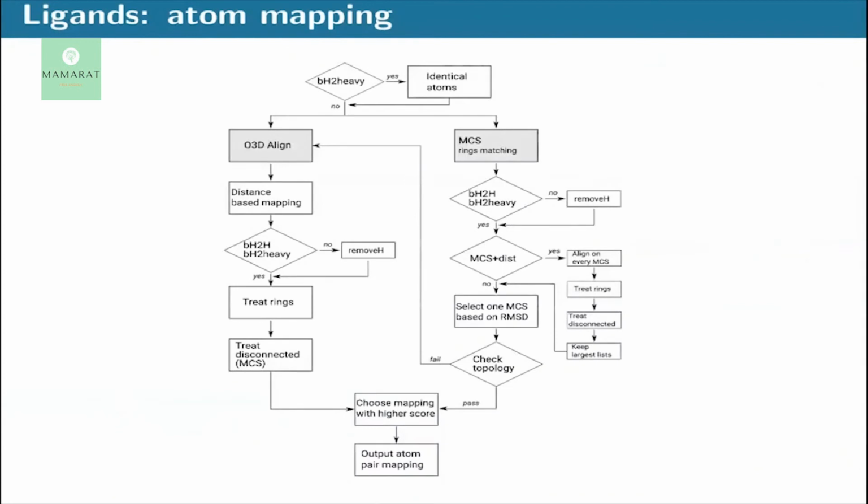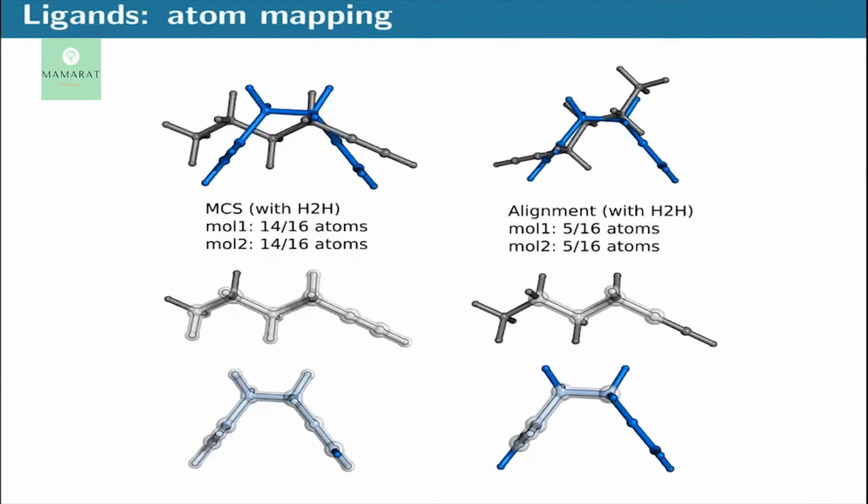This is all encoded in a rather complex workflow, but the user doesn't need to worry about this. Simply, the algorithm will be probing one path, probing another path, and choosing a more suitable solution. For example, if we were to align these 2 molecules, we could identify on the left the maximum common substructure, which would be one solution.